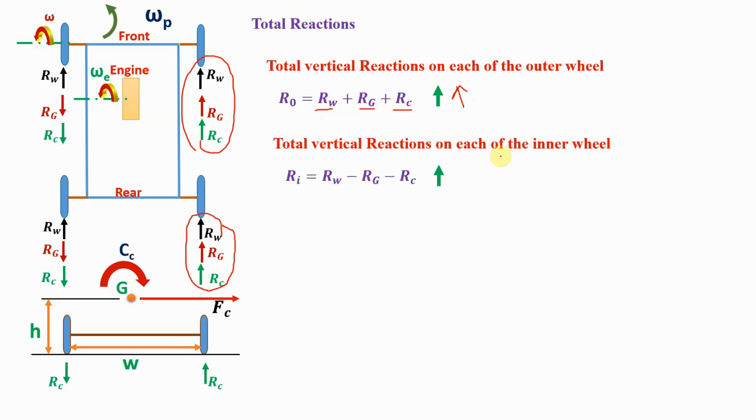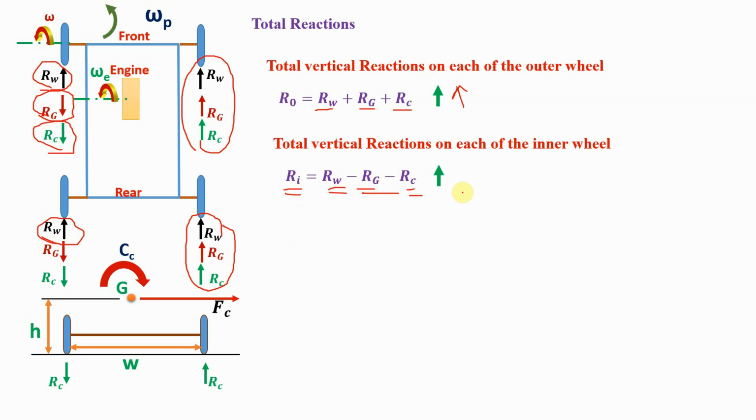Now let us find out the total reactions on each of the inner wheels. Ri, the reaction on each of the inner wheels, is equal to Rw, positive, acting in upward direction, minus Rg, negative, minus Rc, negative, acting in downward direction.